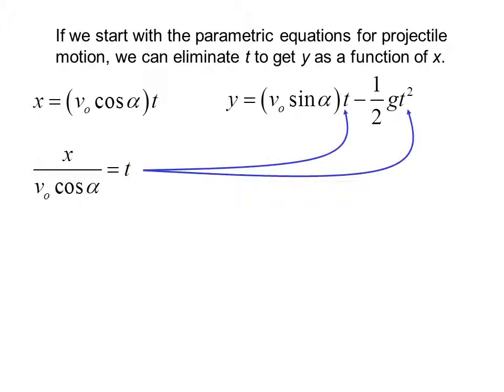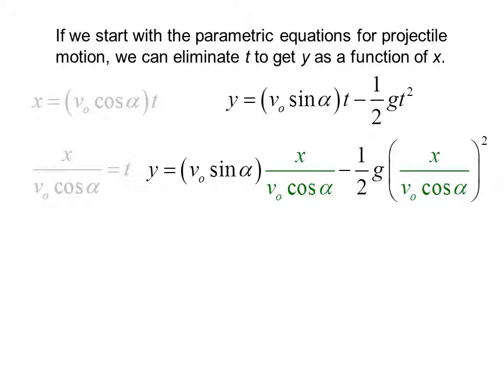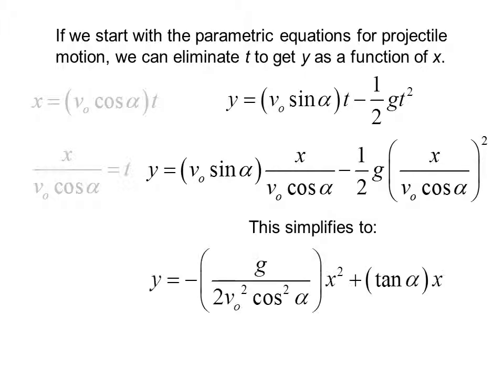Substituting in for t, we have y equals v sub 0 sine alpha times x over v sub 0 cosine alpha minus 1/2 g times x over v sub 0 cosine alpha squared. This simplifies to y equals negative g over 2 v sub 0 squared cosine squared alpha x squared plus tangent alpha x, which is the equation of a parabola.